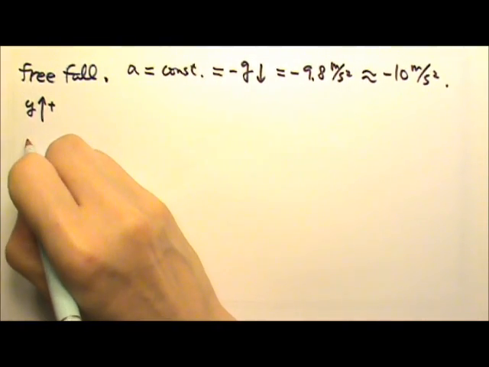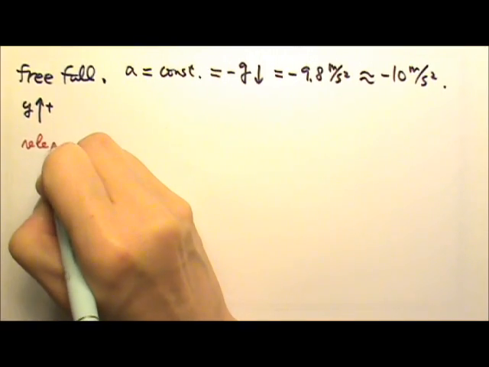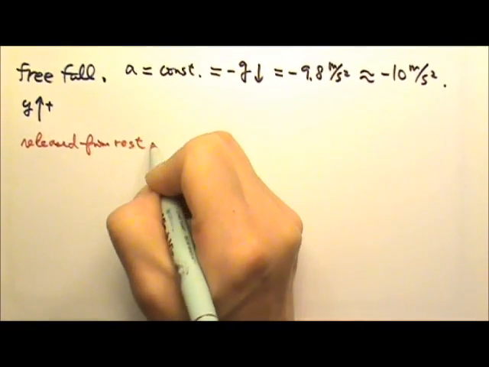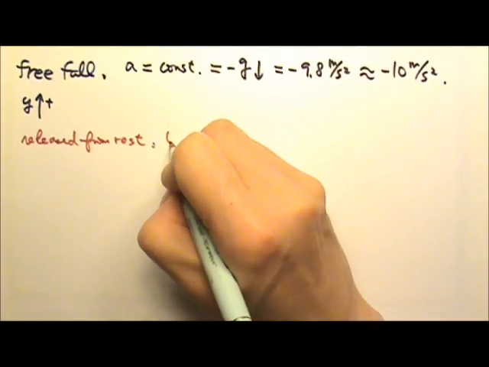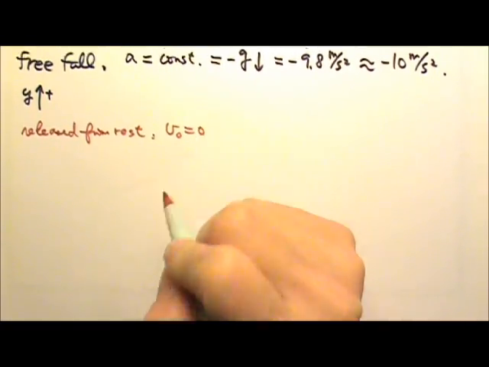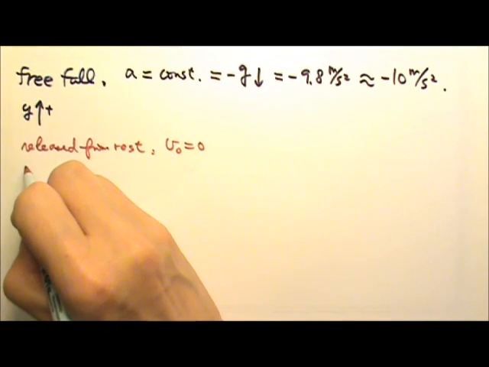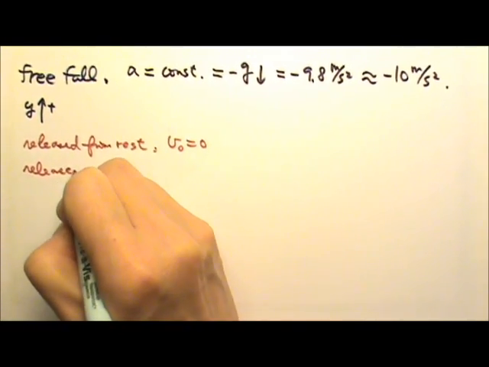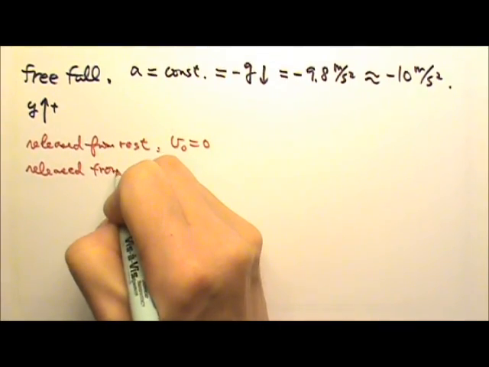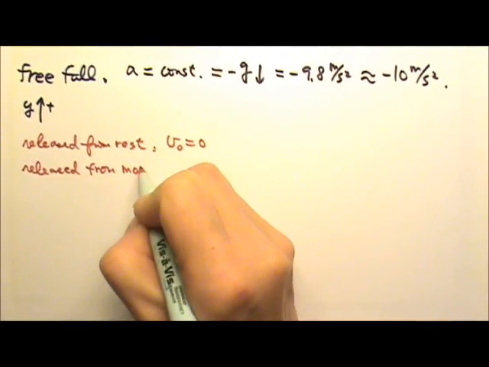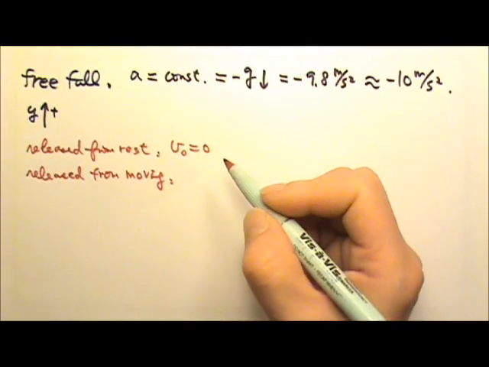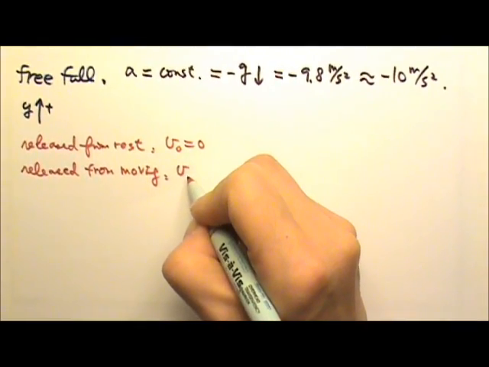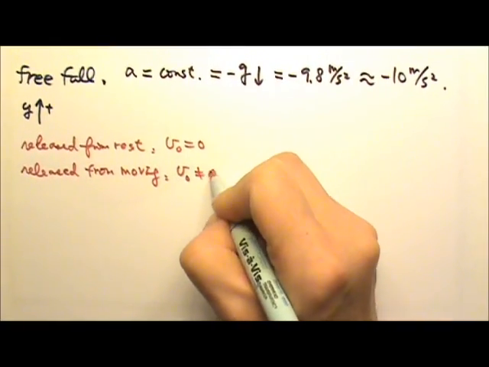Now, if we have an object that is released from rest, that means the initial velocity is 0. We can, of course, also release an object from a moving object. For example, we can release an object from a helicopter. That means if the helicopter is moving, the initial velocity will not be 0.